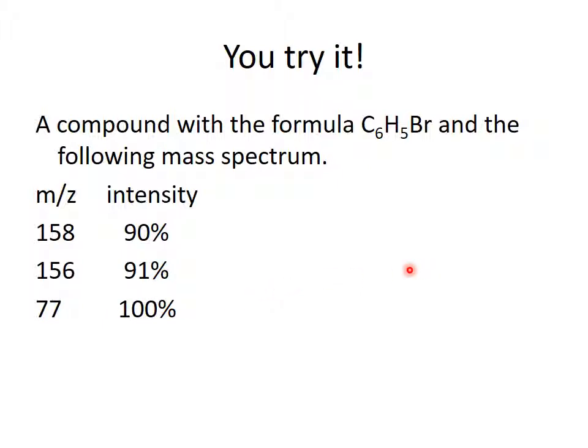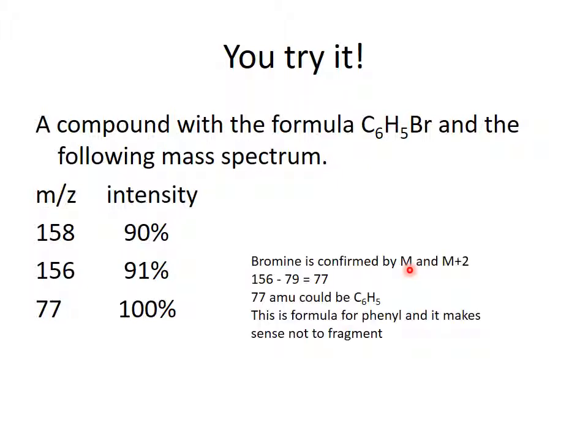If I take the 77 and I divide it by 12, I'm going to get 6 carbons as possible. So 77 could be C6H5. Whenever I see C6H5, I always think a benzene ring.